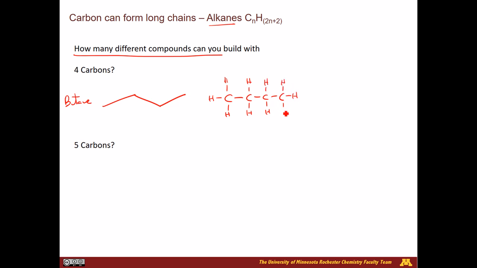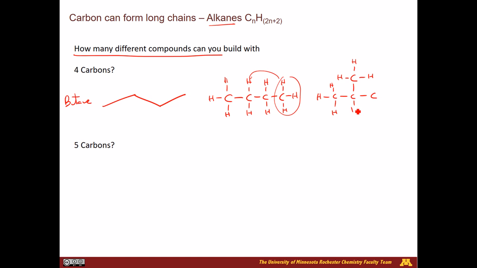So if you like to play Legos, this is going to look like a Lego game. Notice that this CH3 on one end can go in here. So what would that look like? Well, it still has 4 carbons, but now I'm attaching one here. Okay, and now I saturate the rest with hydrogens.